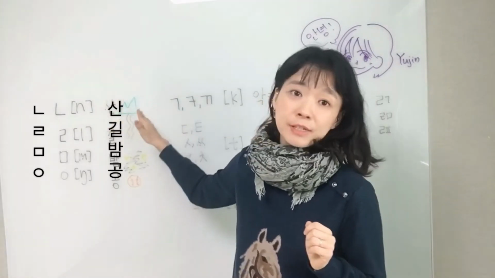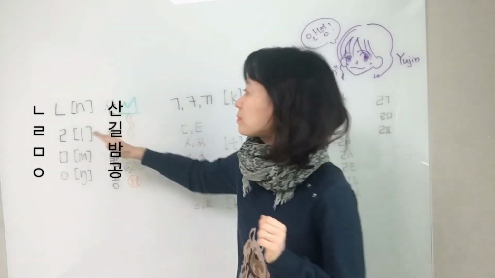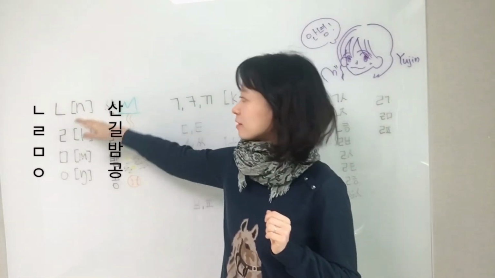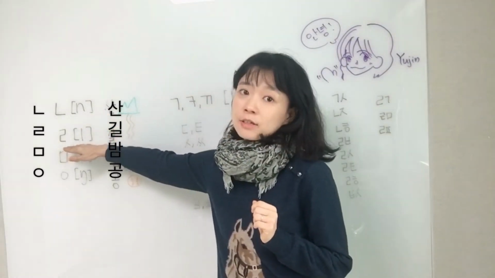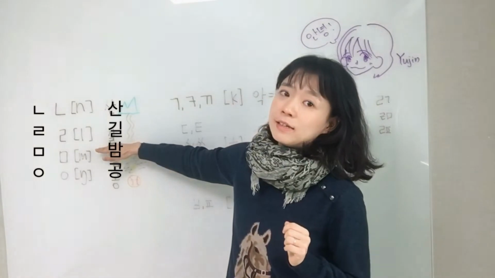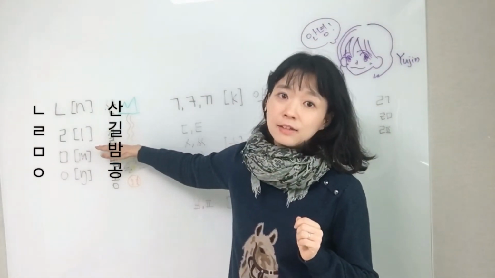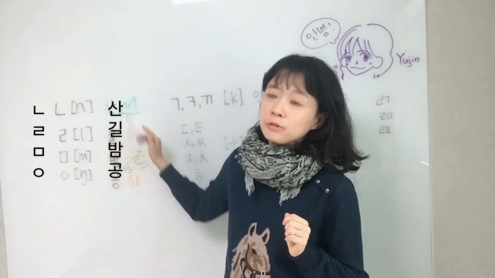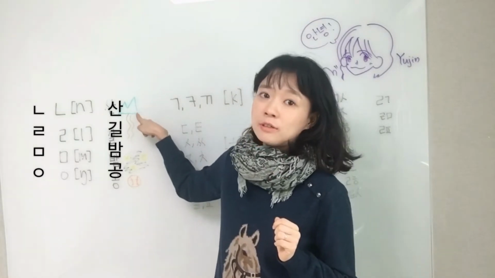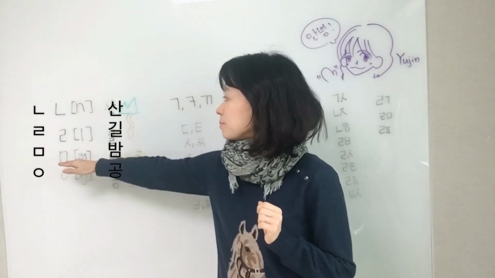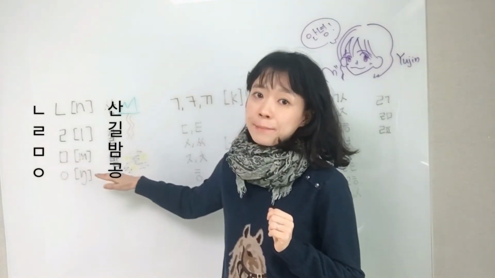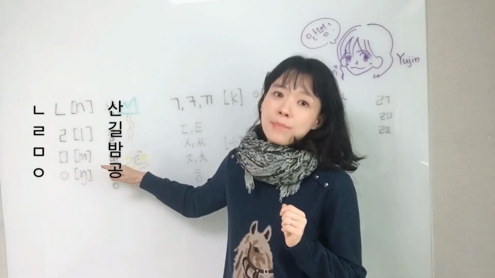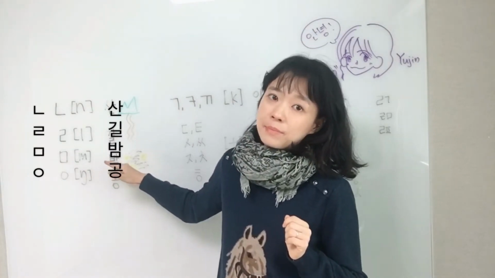By the way, 산 means mountain in Korean. ㄹ sound, 길. 길 means road. Here is the road to the mountain. ㅁ sound, 밤. 밤 means night.